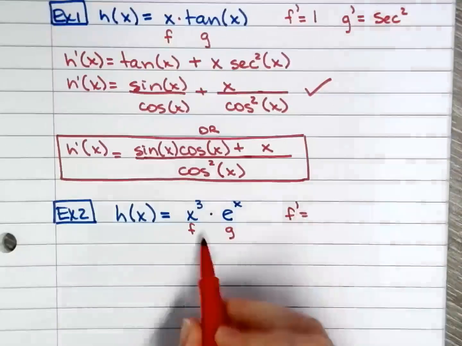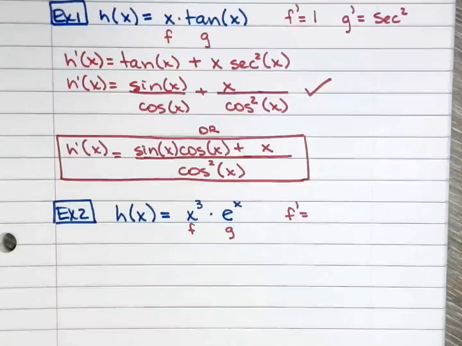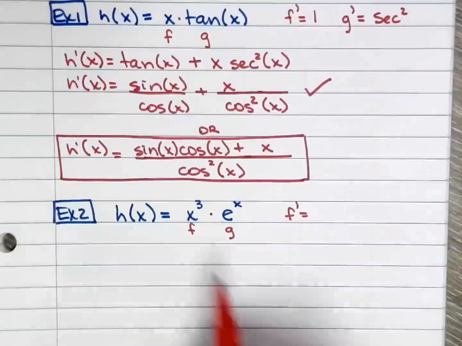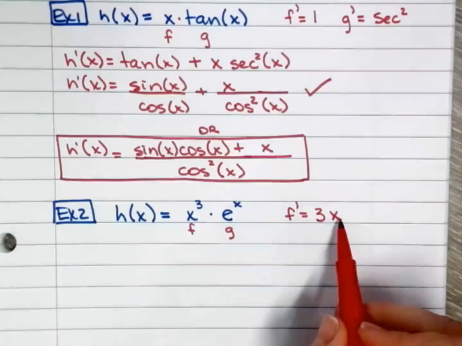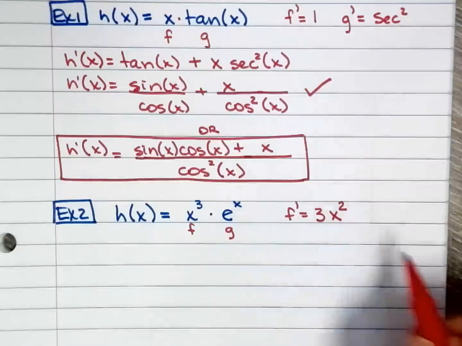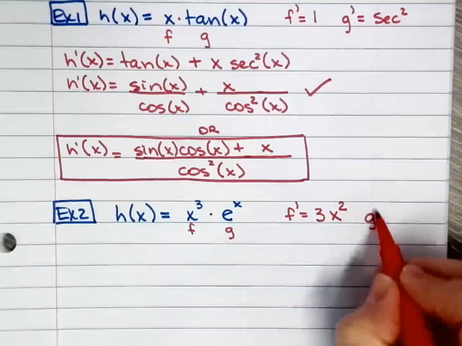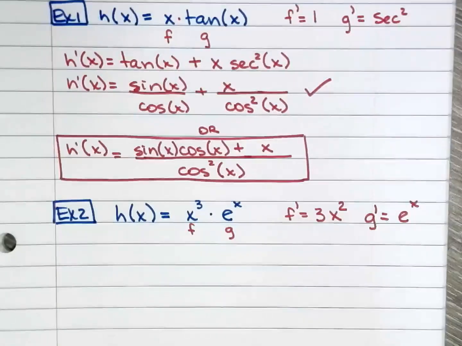So f prime will be, we're going to use the power rule right here to find the derivative of the x cubed. So 3 goes in the front multiplying, and then you subtract 1 from the exponent right there, making that 2. The derivative of e to the power of x is just e to the power of x.